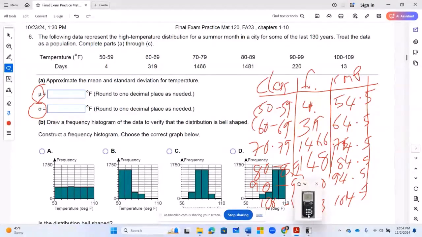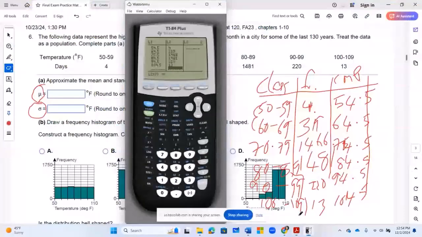So let me go ahead. What are we going to do? One variable stat. That's it. So we just do one variable stat of this data. I'm going to go to stat, go to calc, one variable stat.